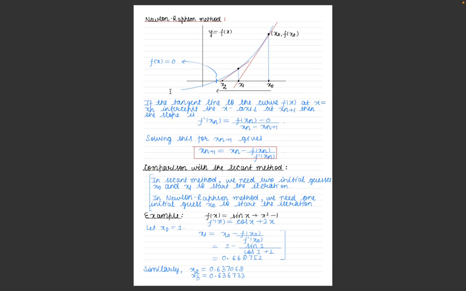A few comparisons with the secant method. Recall that.